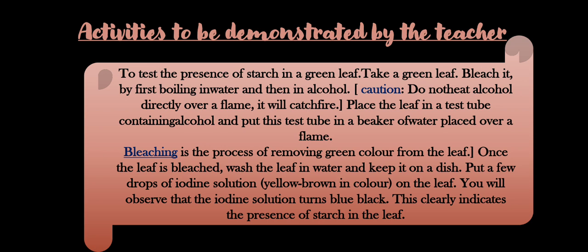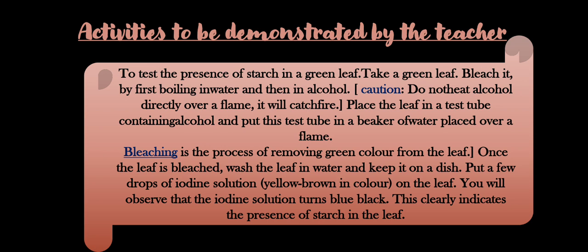Place the leaf in a test tube containing alcohol and put this test tube in a beaker of water placed over a flame. It means we have to take one green leaf and bleach it in boiling water first, and then in alcohol.